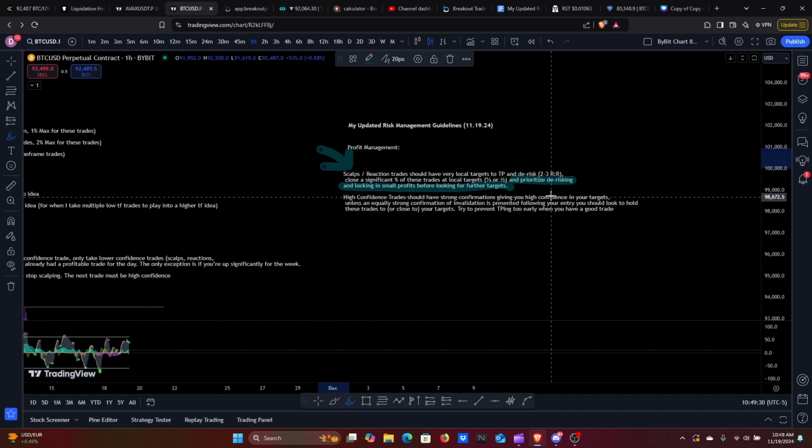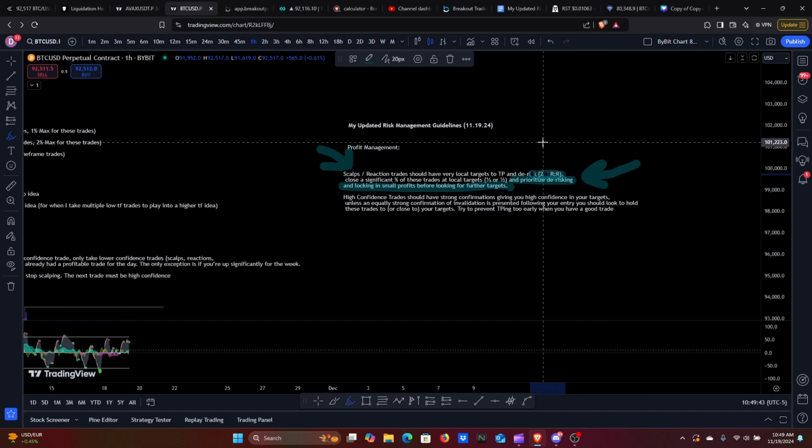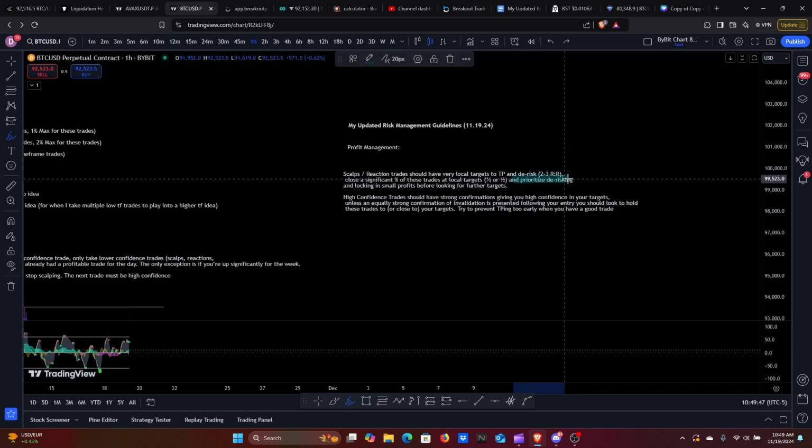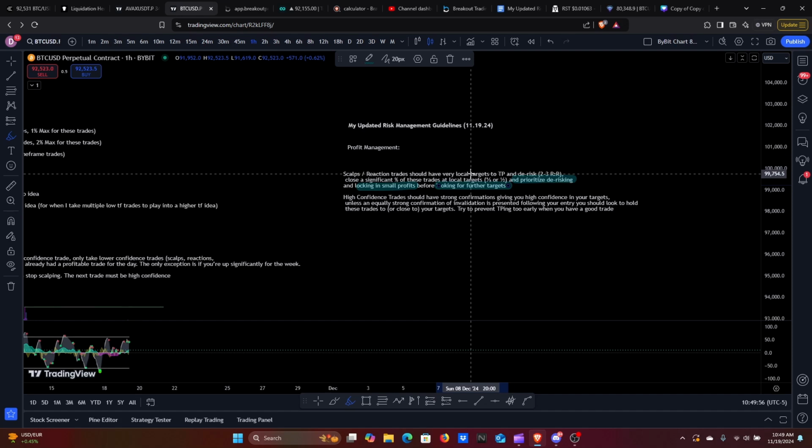So I'm looking to de-risk as soon as possible, even if that means putting my stop loss to entry before I actually take profit, before I hit my 2 or 3-to-1 risk reward target. First priority is de-risking, then second priority is locking in a small profit, then third priority is looking for further targets to lock in more profit.